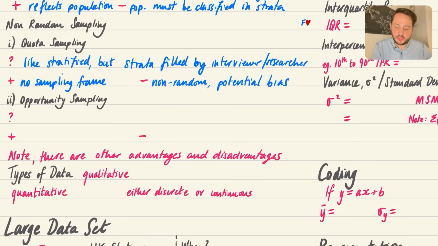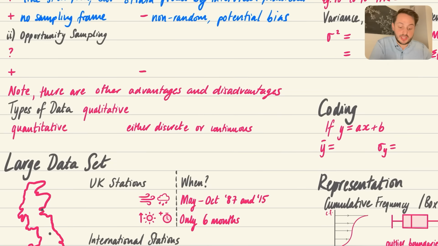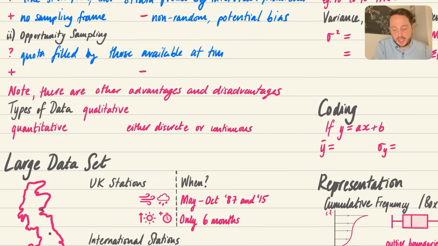Then we're going to look at opportunity sampling. This is the one where you're outside a supermarket and you pick 5 people to try a product. It's just taking advantage of what's in front of you. So this time the quota is filled by those available at the time, like I was just saying, at a supermarket or something. And the advantage of this is it's really easy to do.